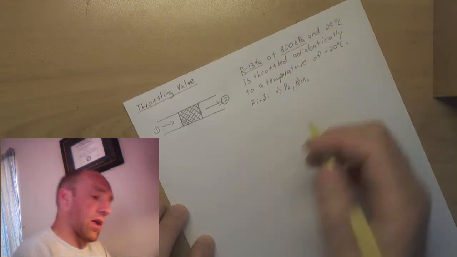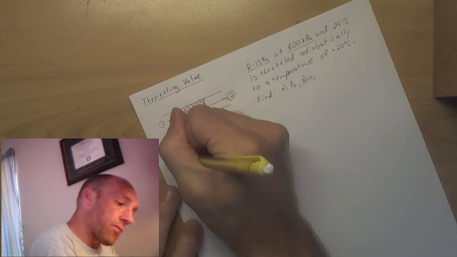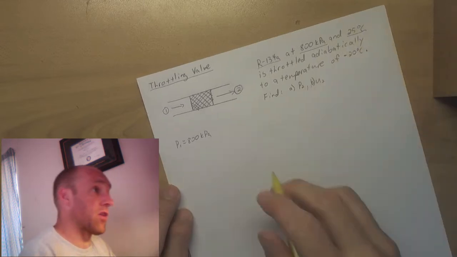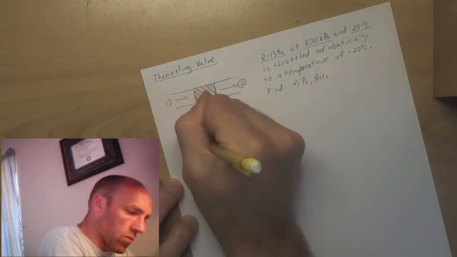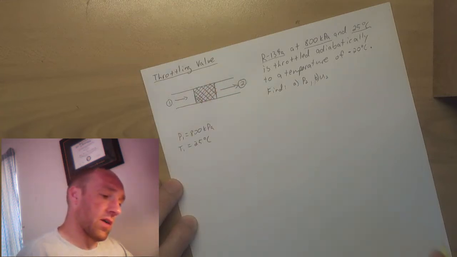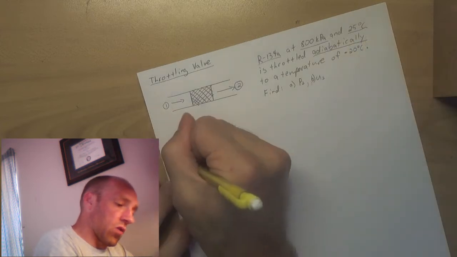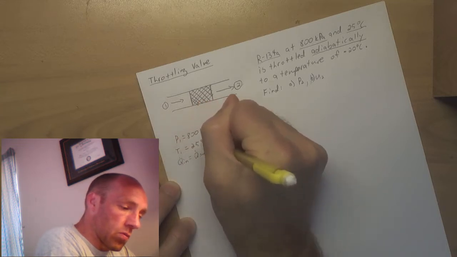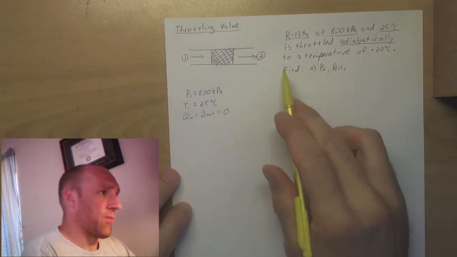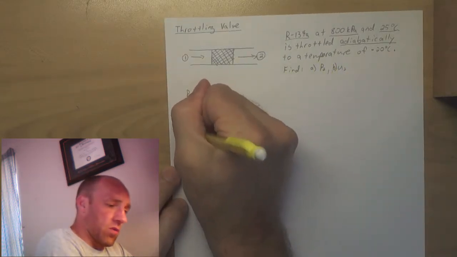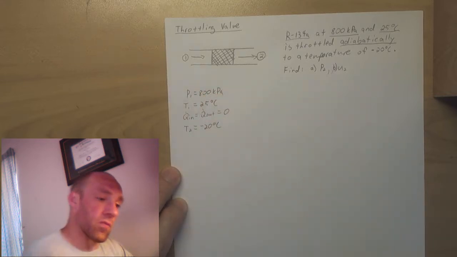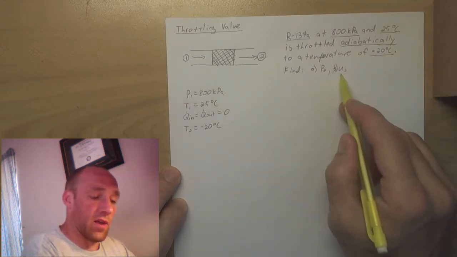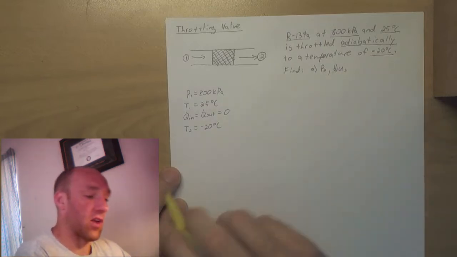It enters the device at 800 kPa and at 25 degrees C. It's throttled adiabatically, so there's no heat exchange, and it's throttled to a temperature of negative 20 degrees C. We're asked to find the outlet pressure and the specific internal energy at the outlet.